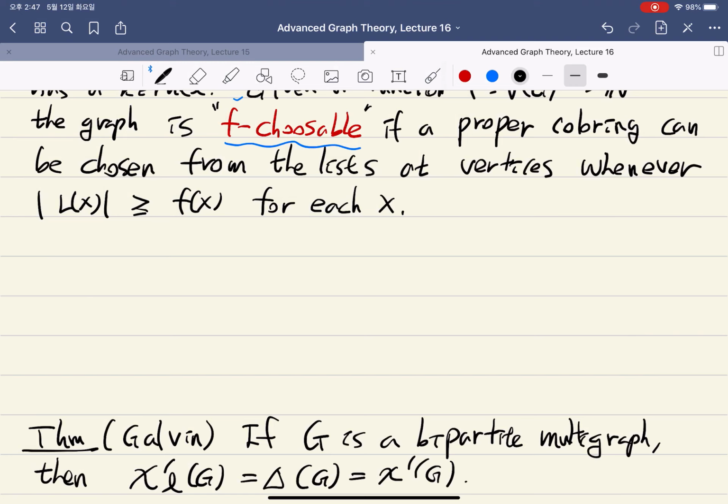Assume that we want to prove that if, say, every list size at the vertex is at least as big as the degree of that vertex plus 1, then there is a coloring. Imagine we want to prove something like this.